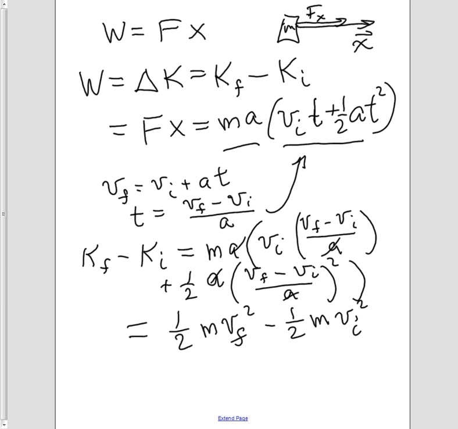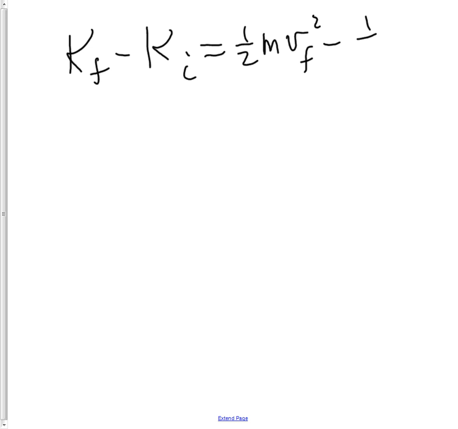All right, let's carry that over to our next page. So K f minus K i, in other words, the amount by which you change this quantity K, is equal to 1/2 m v f squared minus 1/2 m v i squared. So the question is, what is this thing called K?